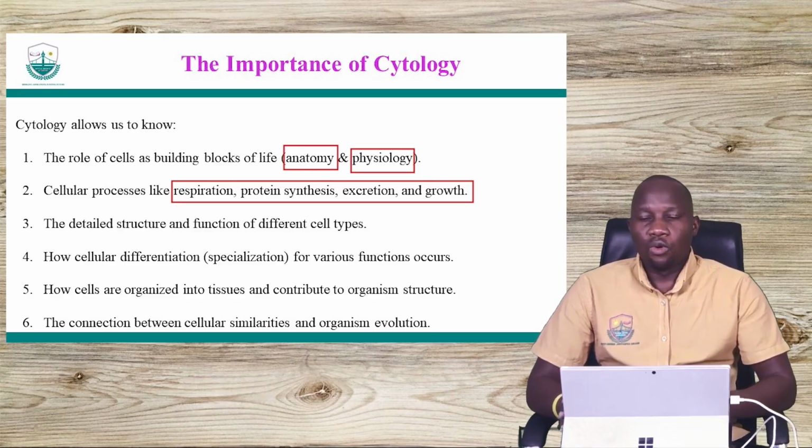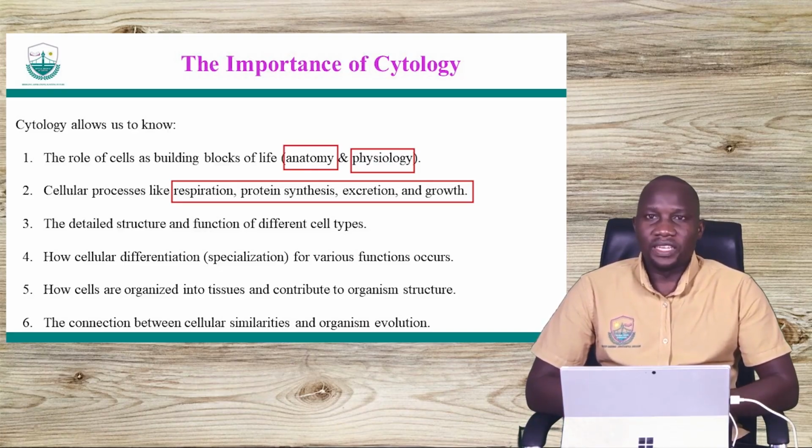Okay. What we will also discover is that we have different types of cells. They don't actually look the same, and they don't carry out the same functions. So cytology allows us to know the structure and the function of the different cells, and what makes some cells suitable for certain functions and not others.